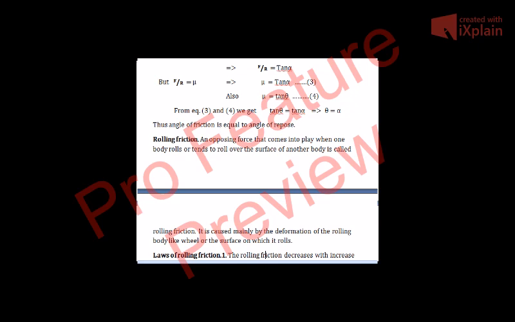As you might have seen, when the wheels of a vehicle roll on the road, you can see they get deformed at the point of contact, where the wheel is in contact with the road. You can see it yourself. So this is mainly due to that deformation, and there is a little bit of sliding friction at the point of contact. So this is the main cause of rolling friction.